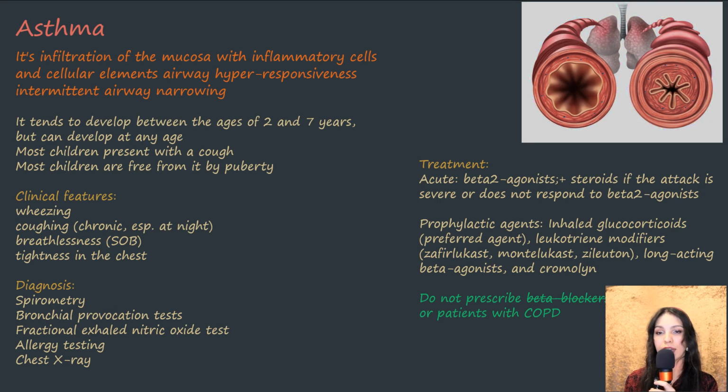Asthma tends to develop between the ages of 2 and 7 years, but can develop at any age, and most children present with a cough, and they are usually free from it by puberty.